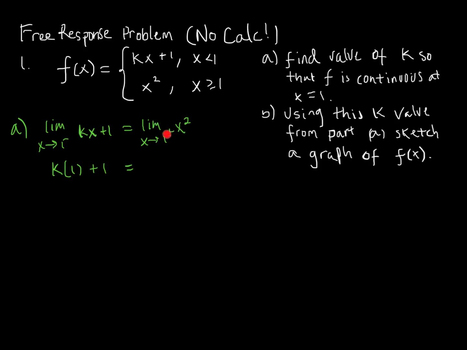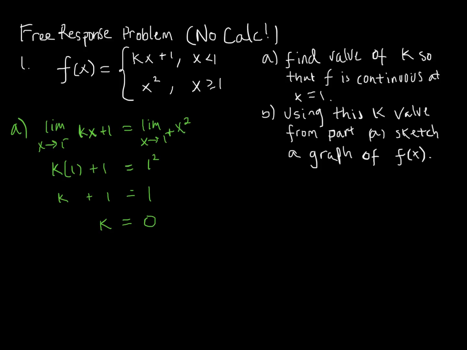So I would just plug in the value 1 to find the limit as x approaches 1: 1 squared. So now, if I continue solving, I have 1 is equal to k plus 1. So that means that k must be equal to 0.